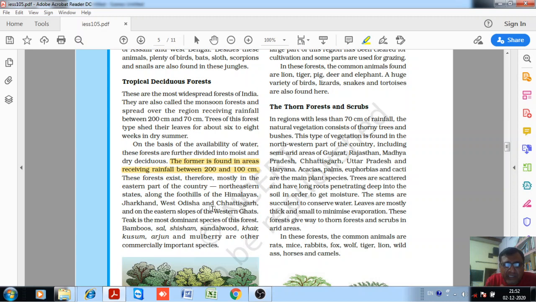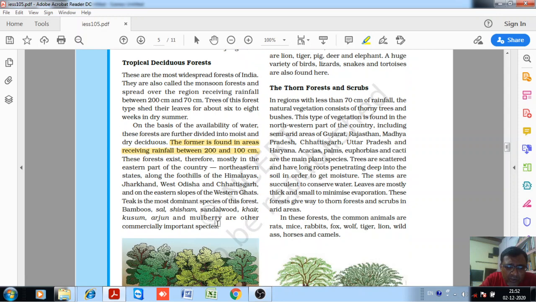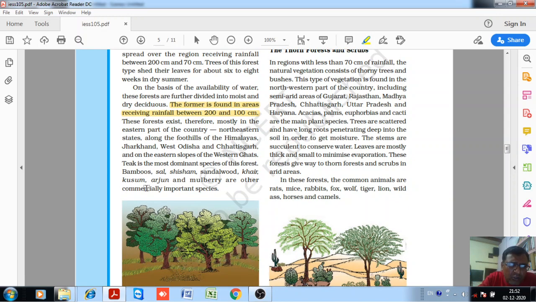The very common factor to understand this grade by grade or step by step, is that rainfall is slightly decreasing. Means in evergreen forests the rainfall was above 200 centimeter, and one step lower, the moist deciduous forest has the rainfall below 200 but above 100 centimeter. Some regions also are given here. So teak is the most dominant species of this forest.